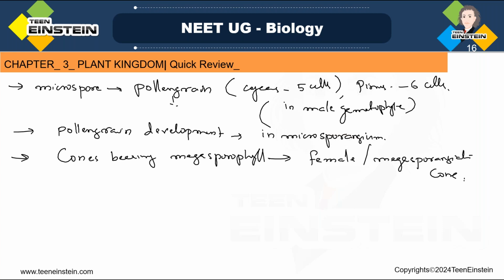So when the male and female cones are produced on the same tree, those members are called monoecious. Male and female cones on the same tree is called monoecious.